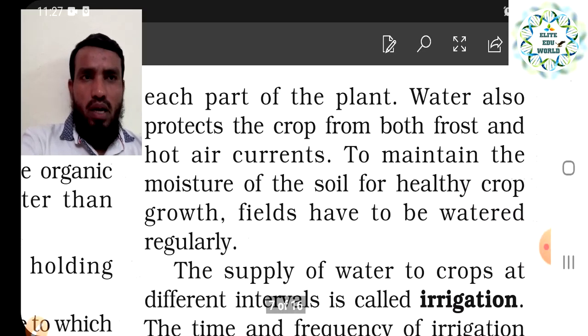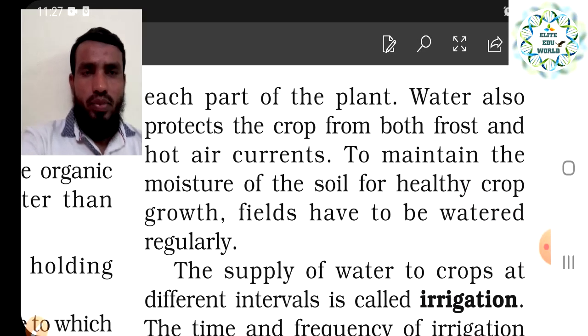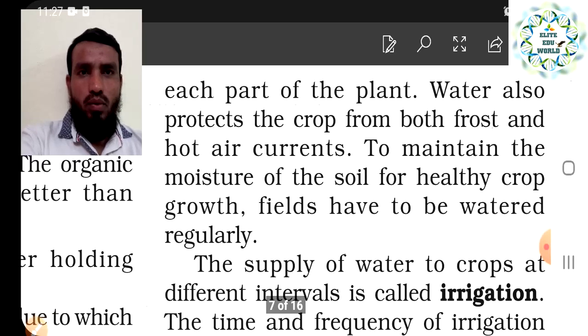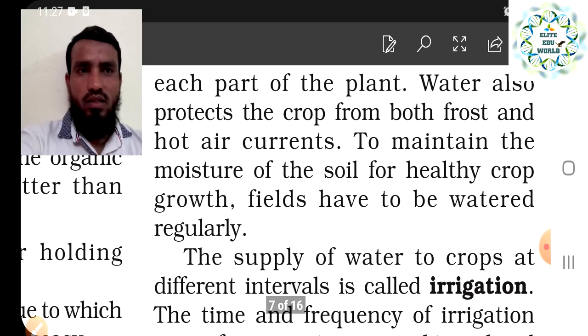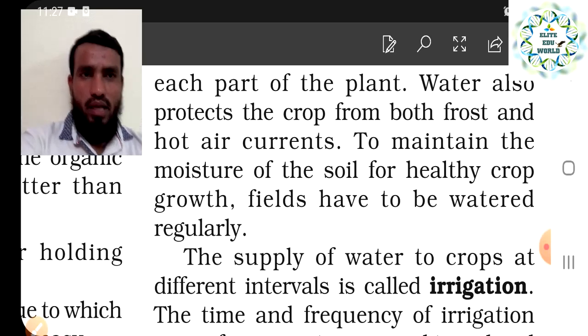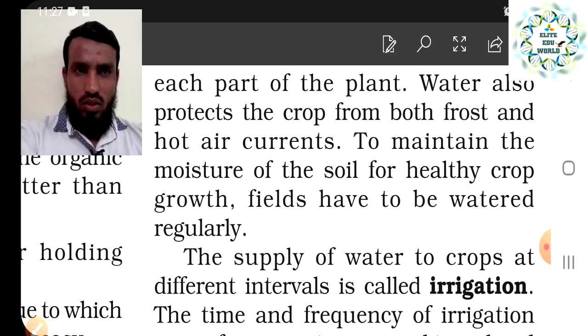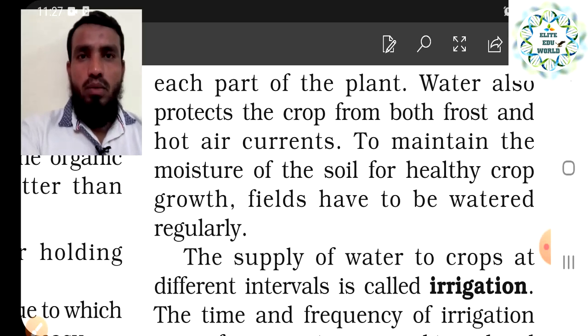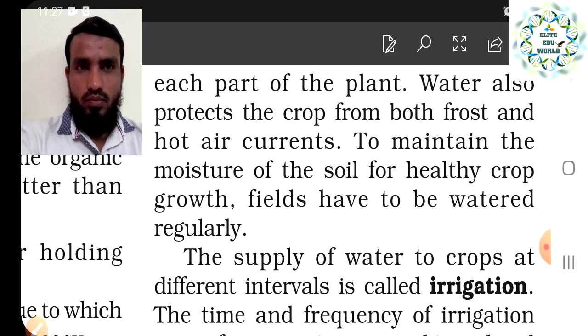Water also protects the crop from both frost and hot air currents. If you provide the proper amount of water in the field, it will also maintain the temperature, keep the hot air in check, and maintain the moisture of the soil and healthy crop growth. If the moisture is there in the right quantity, our crop will grow in a proper way.